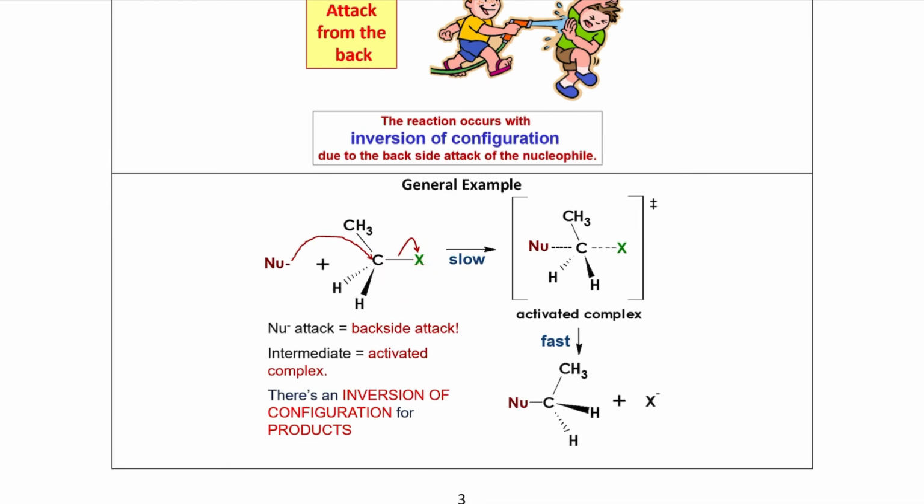So as you can see, ada bond forming, ada bond breaking that occur at the same time. So that's why kita buat square bracket. And then kita redraw the structure. But as you can see, dia ada inversion of configuration dah start dah. So mula-mula kamu nampak this H macam dia miring ke kiri kan. Dia senget ke kiri, ini senget ke kiri juga.